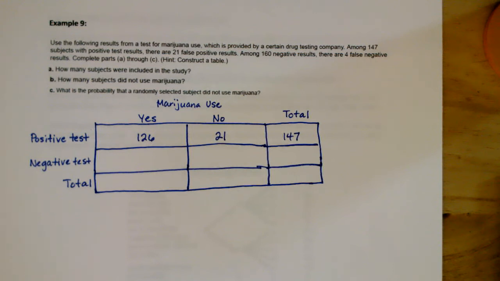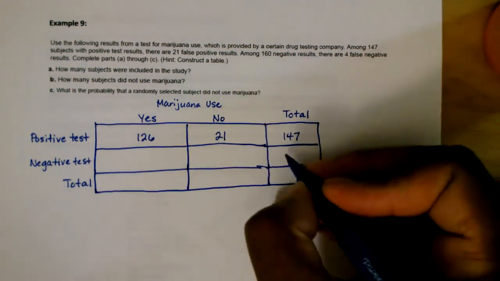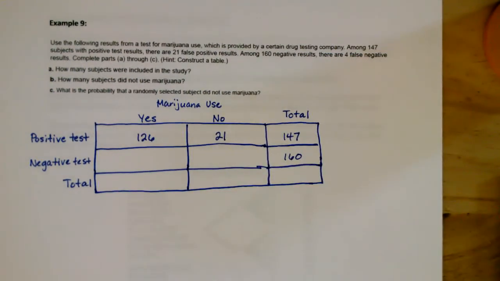And then among 160 negative results, so that 160 goes here. There are 4 false negative results. That means, now let's think about false negative results.